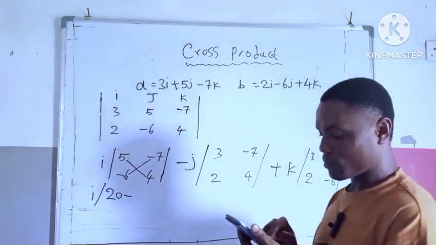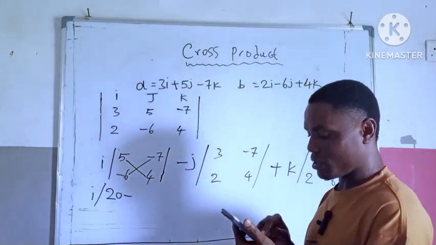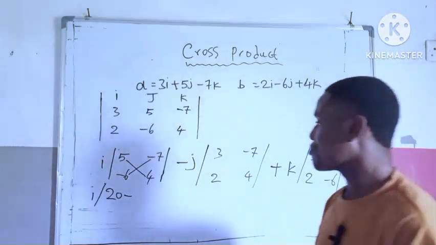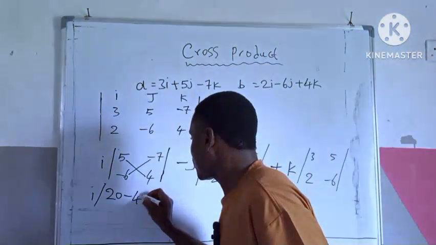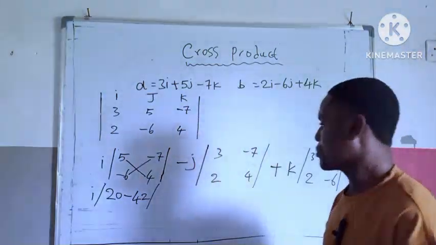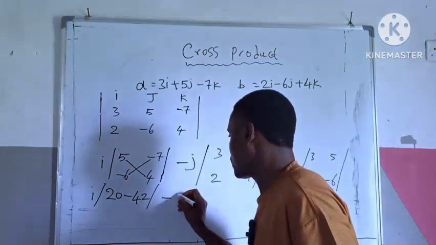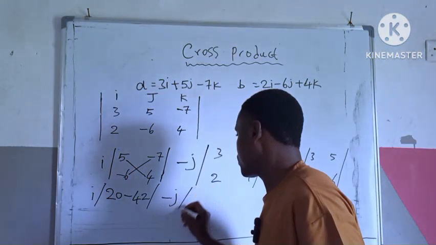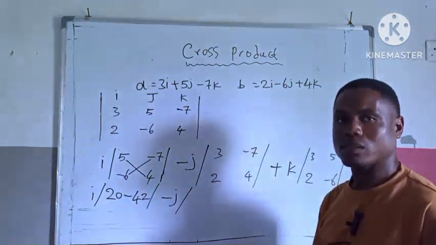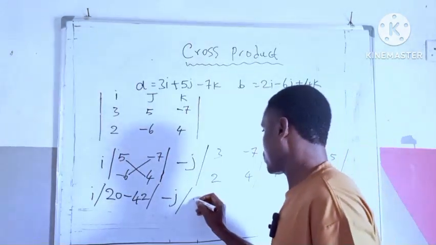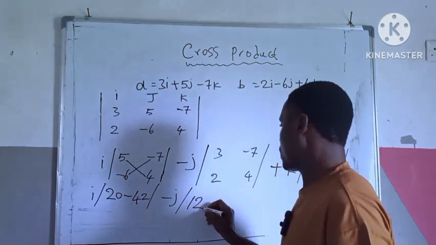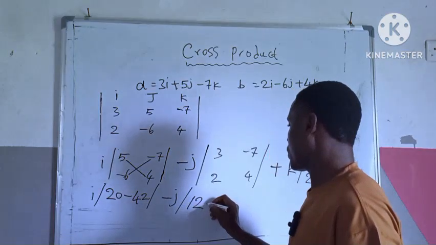Minus 6 times minus 7 is 42. Let's come to J. Negative J, abi. So 4 times 3 is what? 12, right? Then we minus, abi.